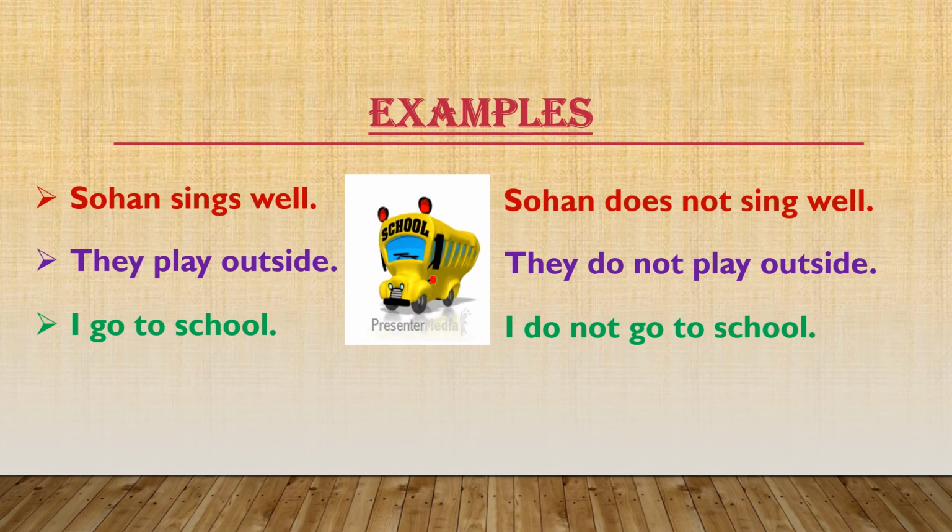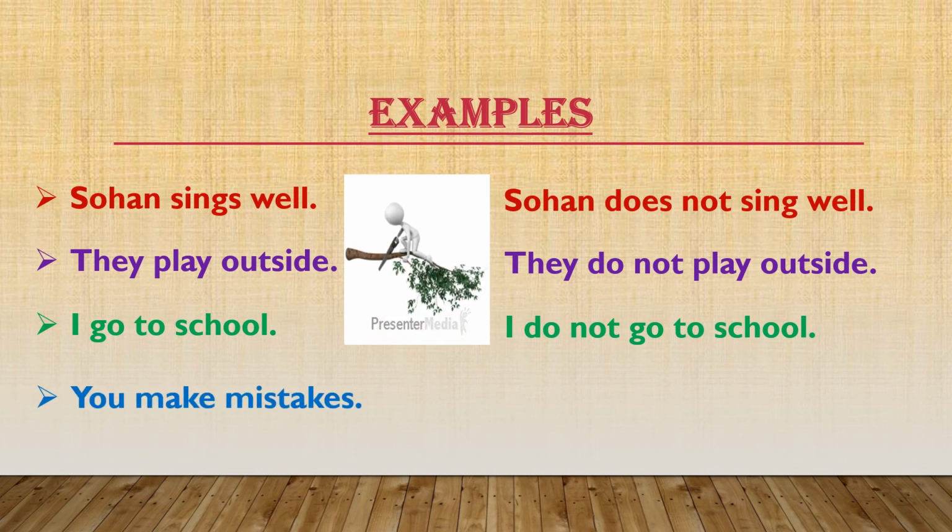It's simple. Another one for you. You make mistakes. What is the verb here? Yes, it is make. Make is not having anything extra here. It is already in its root form. So make will remain make.